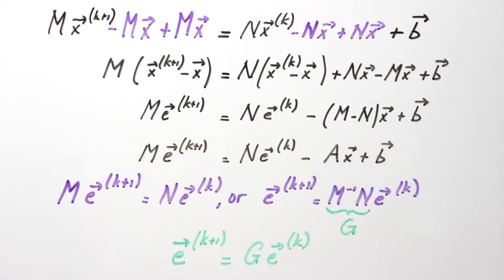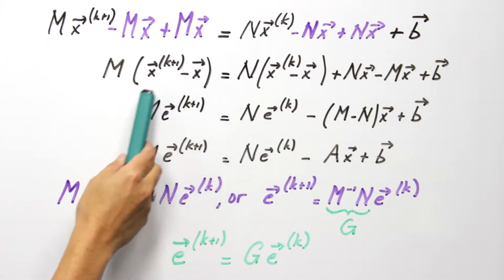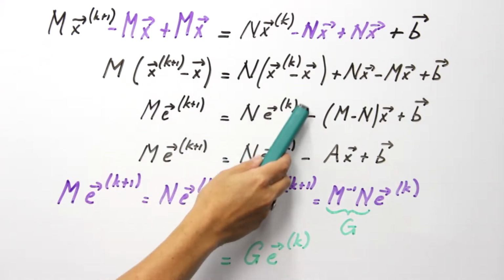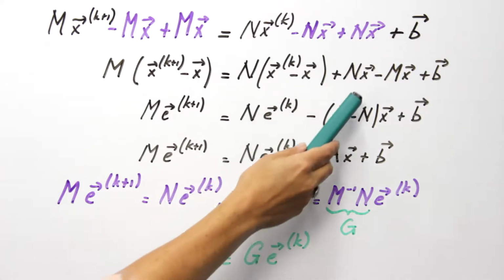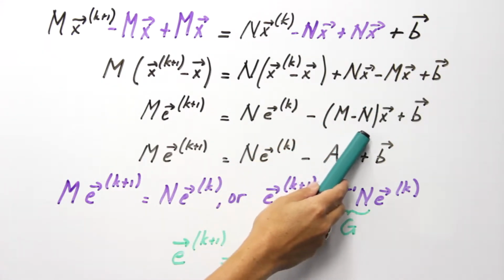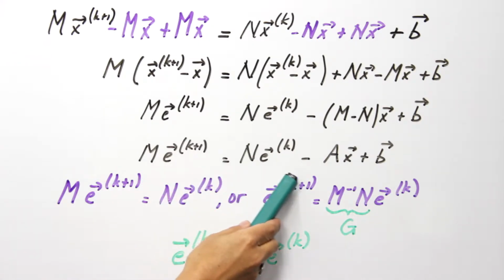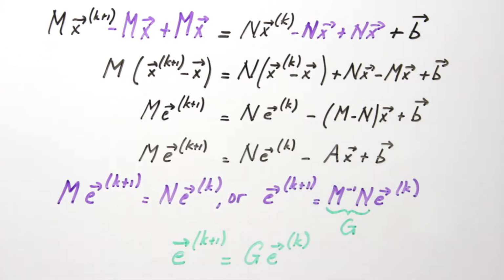So now we get expressions in the errors. We have e_k plus 1 on this side and e_k on this side. And here when we take these two terms together, we have minus (M minus N) x plus b. But remember that A was equal to M minus N, so this is just A. M e_k plus 1 is N e_k minus A x plus b.